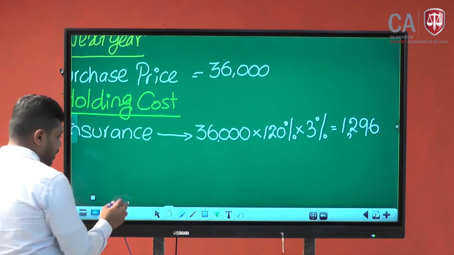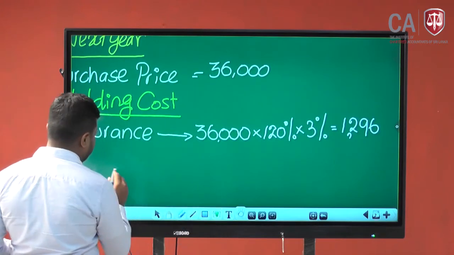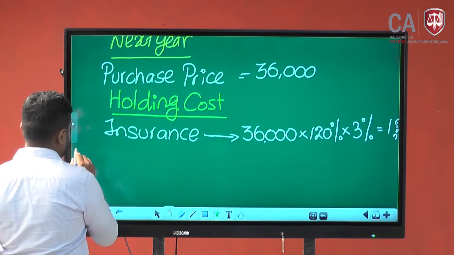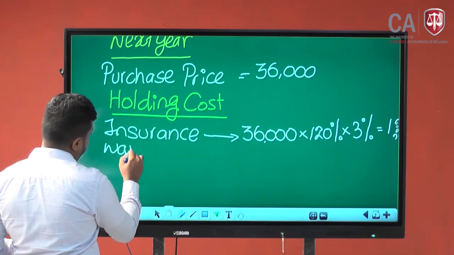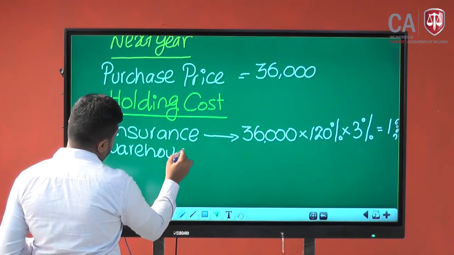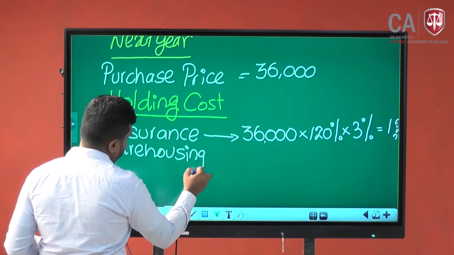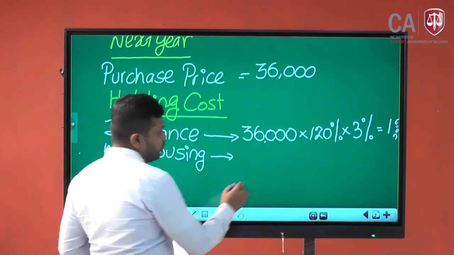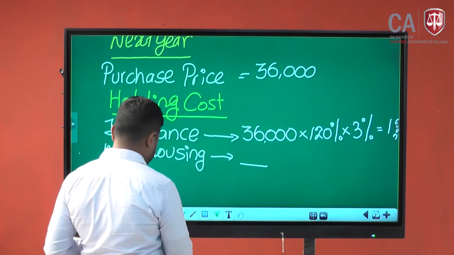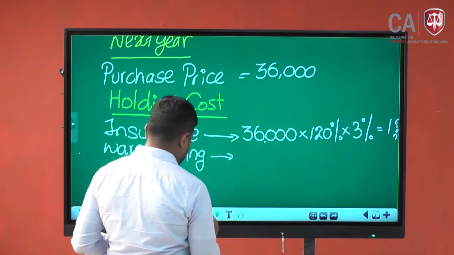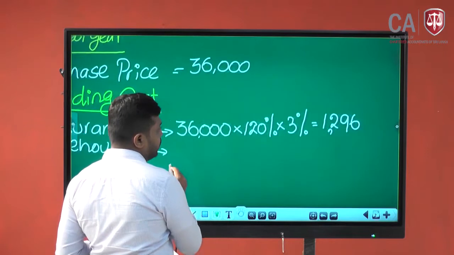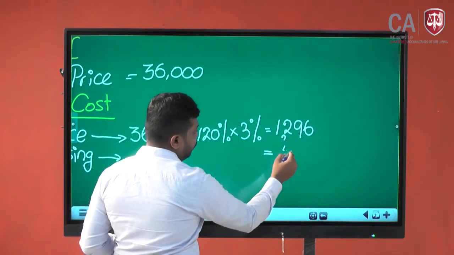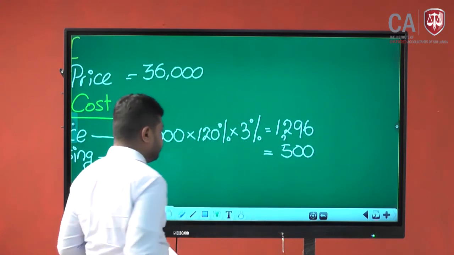Then the warehousing charge will remain the same. Warehousing will be 500 rupees per unit. Warehousing 500.